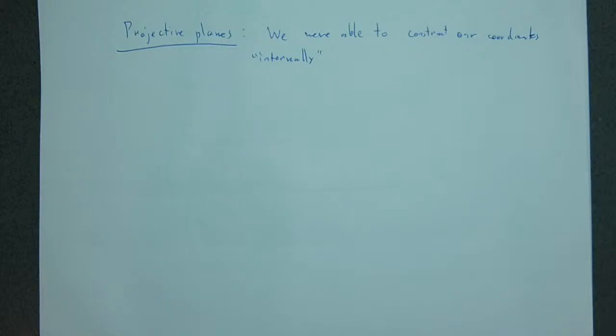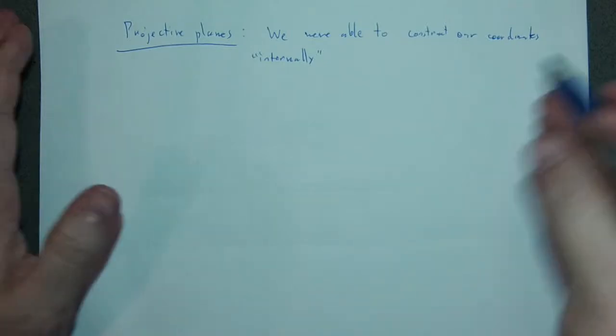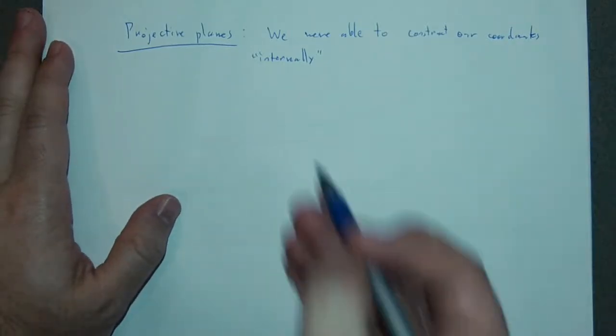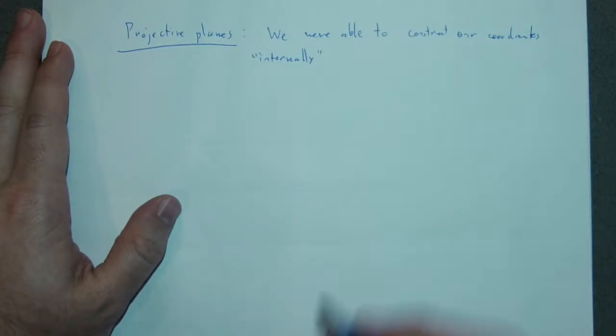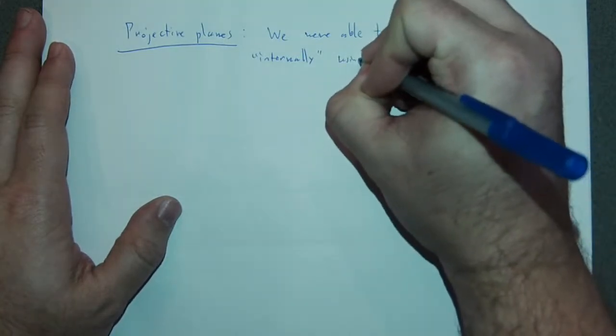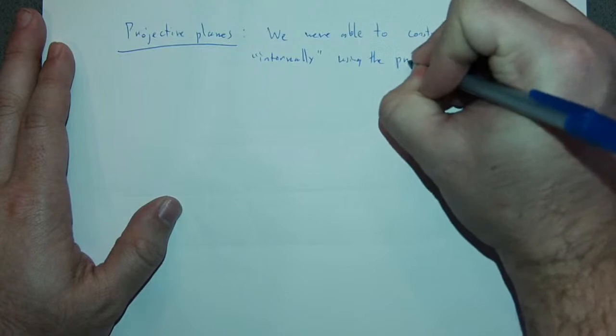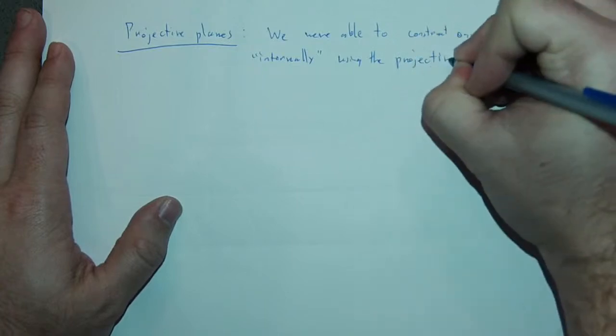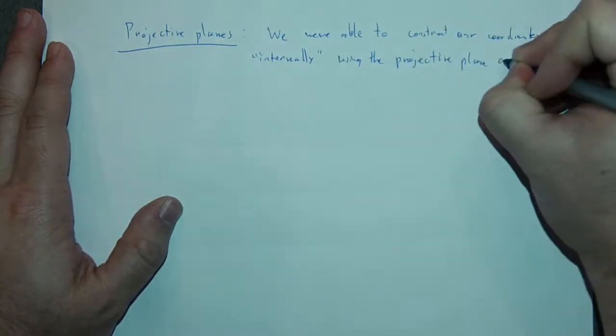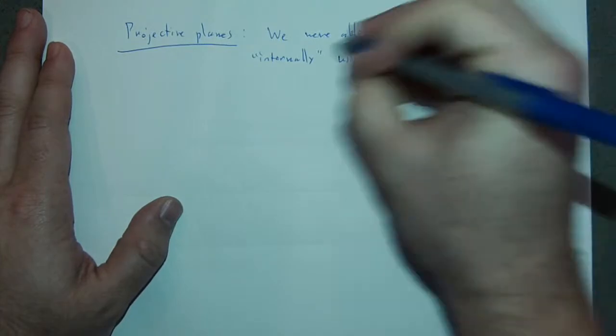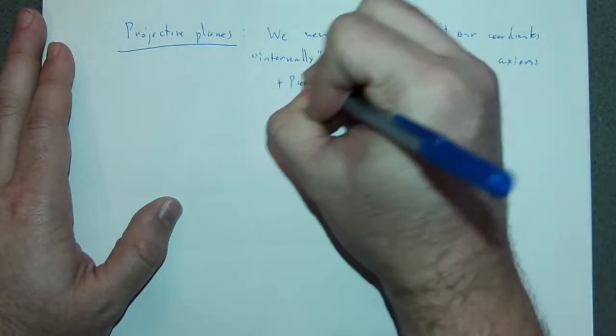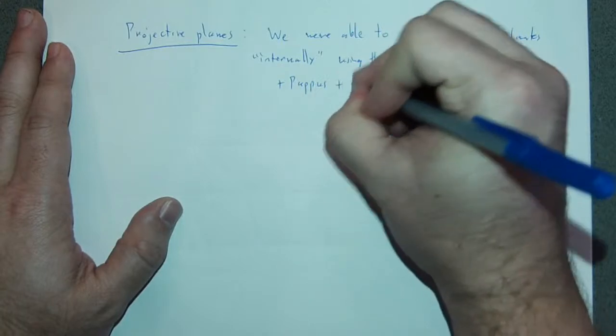We didn't impose the algebra rules on it. It was actually sitting inside of the geometry already. And so we were able to construct our coordinates and satisfy the field axioms internally using the projective plane axioms plus Pappus plus Desargues.